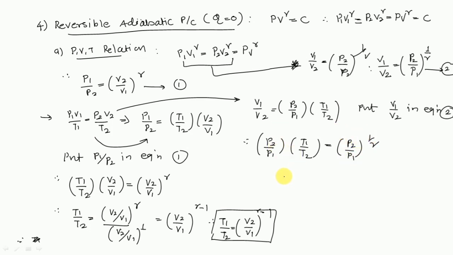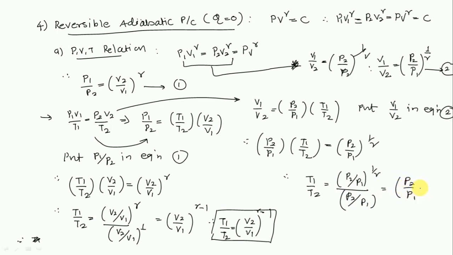I write this terminology: T1 by T2 is equal to (P2 by P1) raised to 1 upon gamma, with P2 by P1 in the denominator. The base is common, so the power is 1 upon gamma minus 1, because the power is negative. That's why T1 by T2 is equal to P2 by P1 raised to this power. Taking the LCM, the value is 1 minus gamma upon gamma.